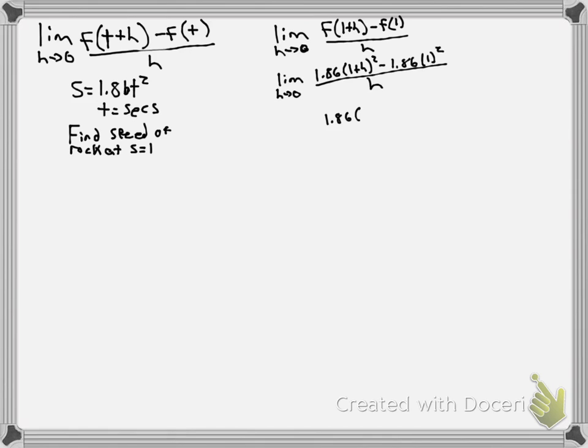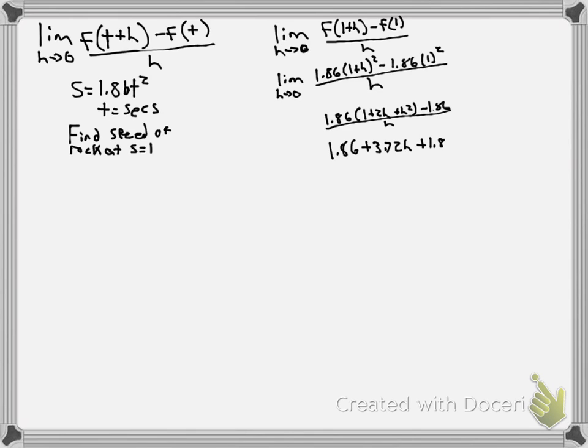Distributing, getting rid of the parentheses in this difference quotient, I have 1.86 plus 3.72h plus 1.86h squared minus 1.86, all over h. 1.86 minus 1.86, it's gone.